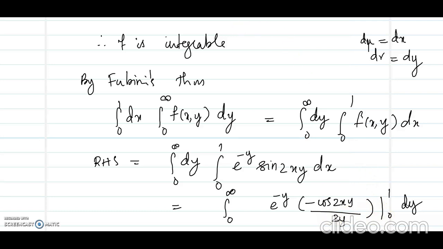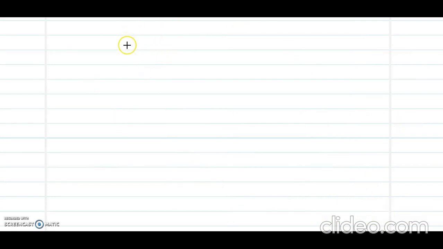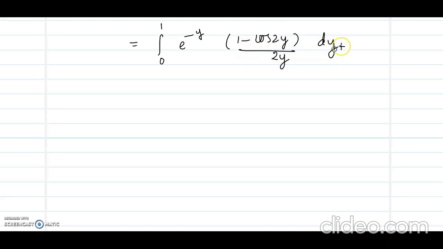Now when we apply the limit, we will get integral 0 to infinity e power minus y. So when you apply the limit, we are going to get 1 minus cos 2y by 2y dy.